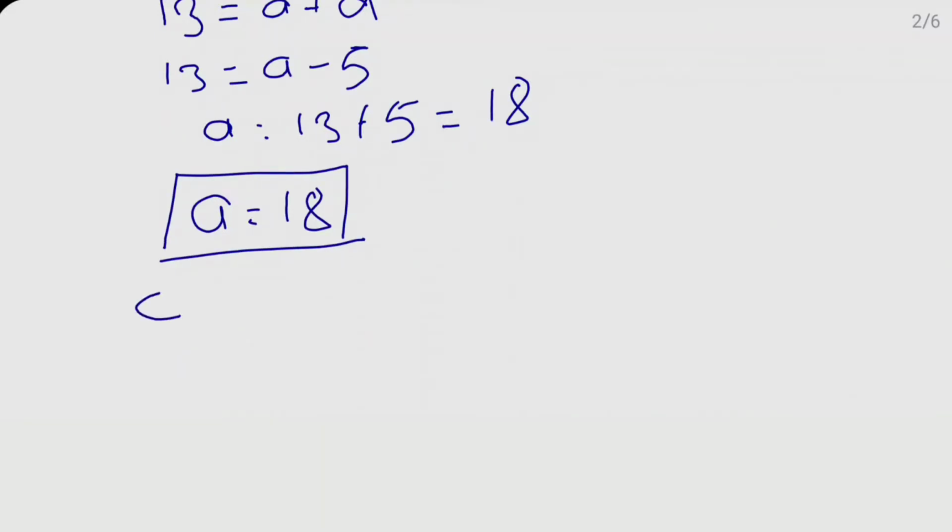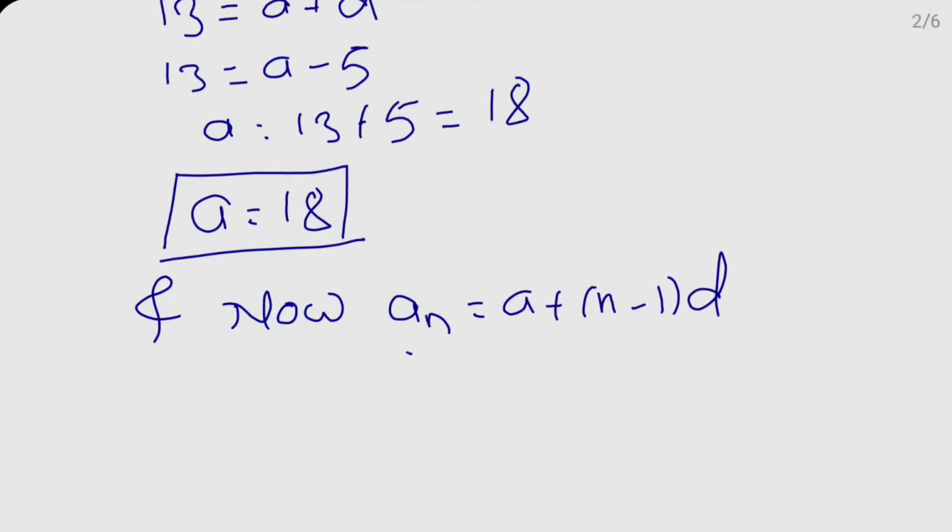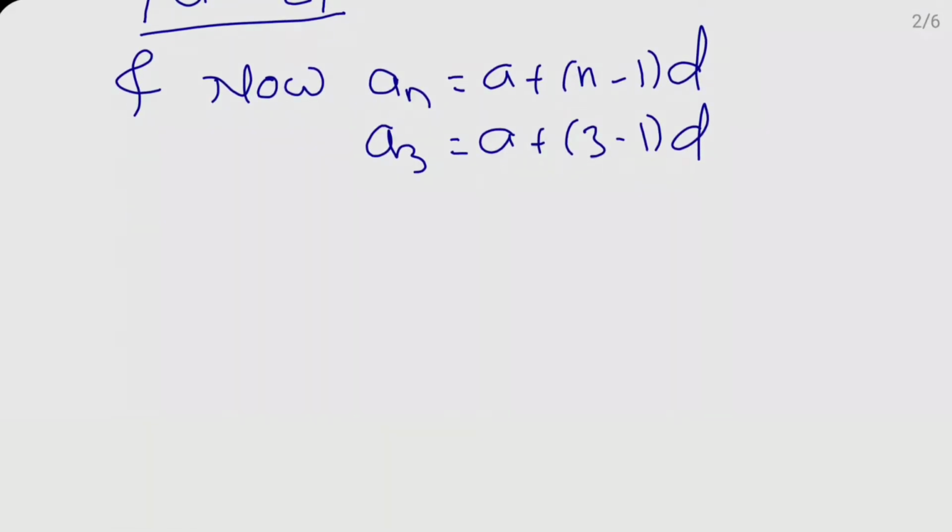And here we want the third term. So now an equal to a plus n minus 1 into d. So a3 equal to a plus 3 minus 1 into d. So now a plus 3 minus 1 is 2d.